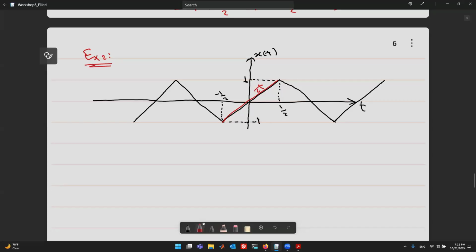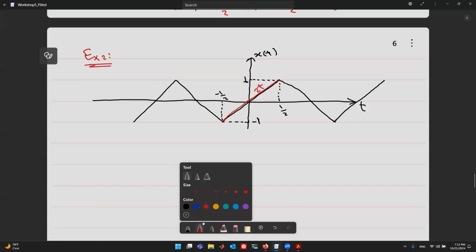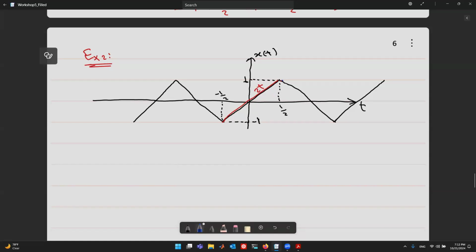And this part of the signal is minus, because the slope is negative. So it's -2t minus 1, shifted by 1. It's the same signal, it flips the slope, and then we shift it by 1.